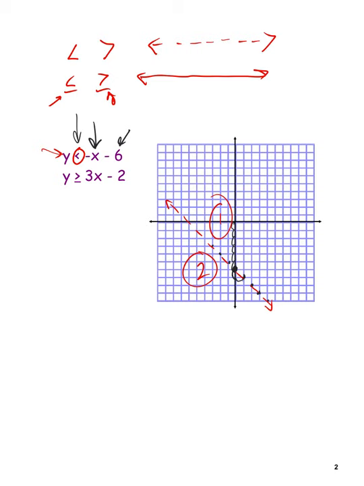But another thing we could do is just put in the point 0, 0. As long as 0, 0 isn't part of our line, we can test that. So we've got y is less than negative x minus 6. I'm going to put in zeros everywhere here. So this would be 0 is less than negative 0 minus 6.